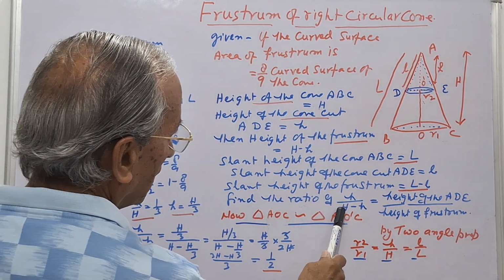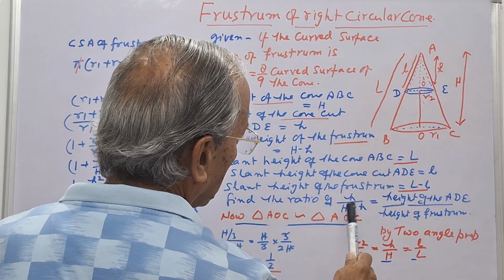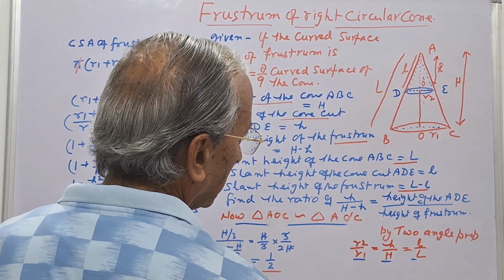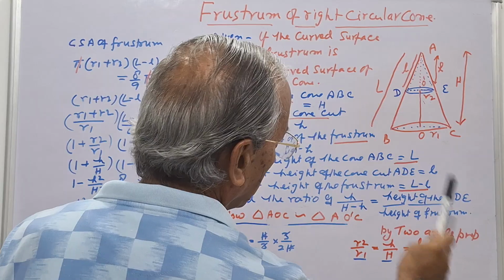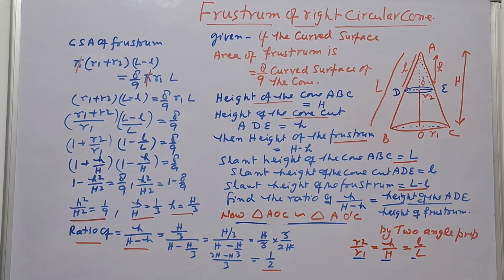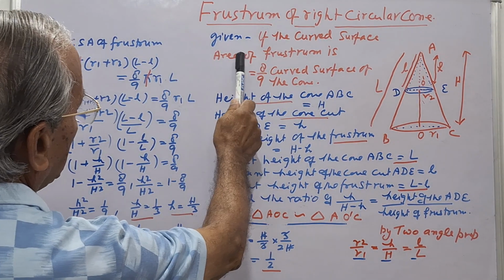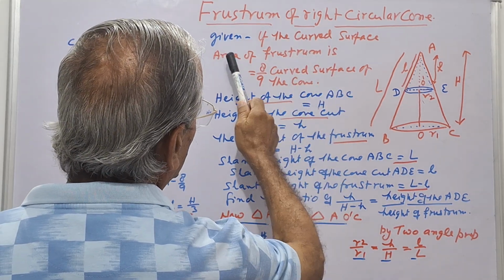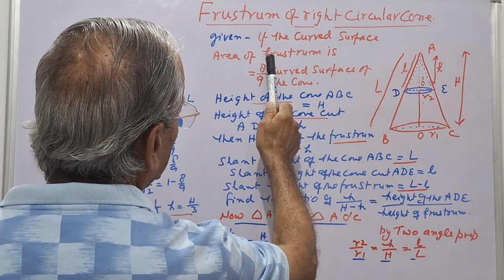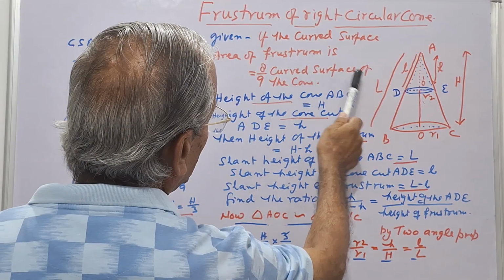That is, find the ratio of small h upon capital H minus h, that is height of the cone AD upon height of the frustum. And given is that the curved surface area of the frustum is 8/9 curved surface area of the cone.